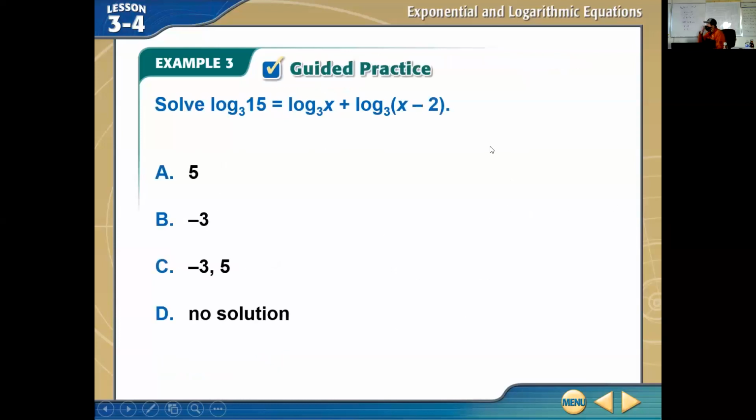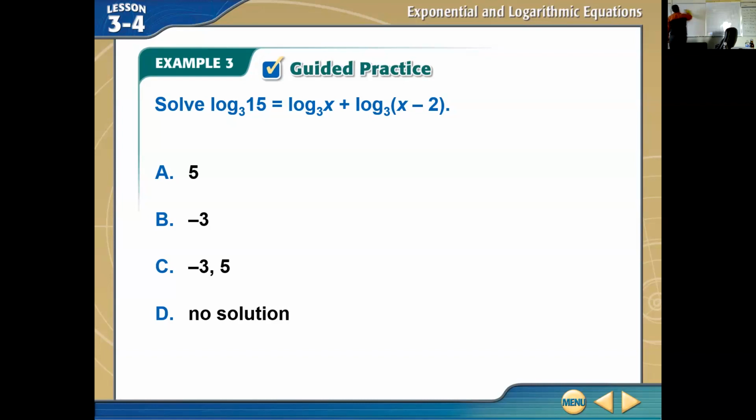All right, I believe this is the last one. This one is actually a little bit harder problem because I have to manipulate it to get it into the format where my properties of logarithms will kick in. So you can see how it's log base 3 of x plus log base 3 of x minus 2.